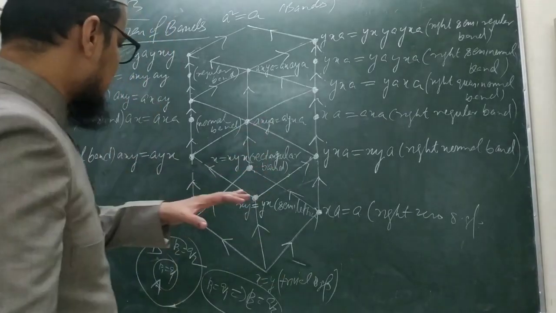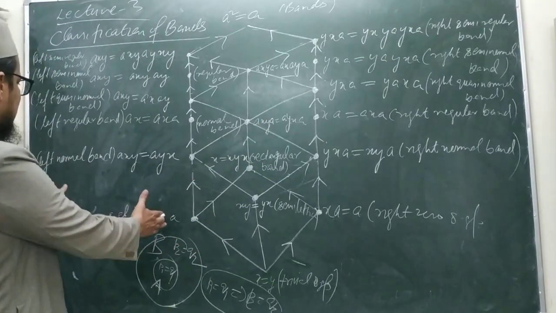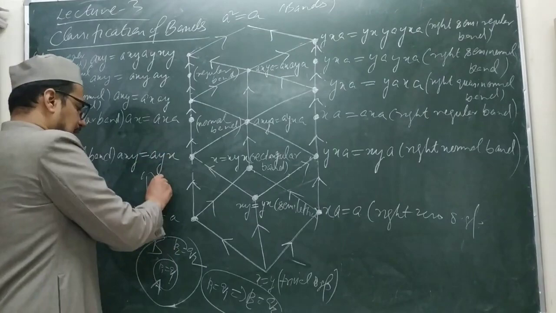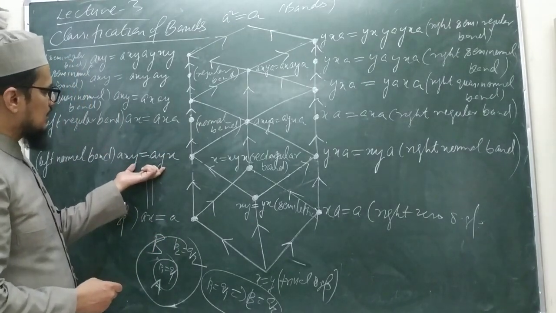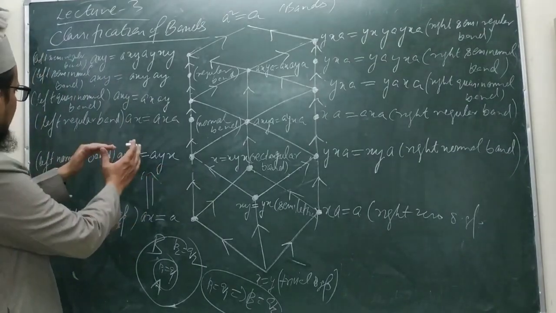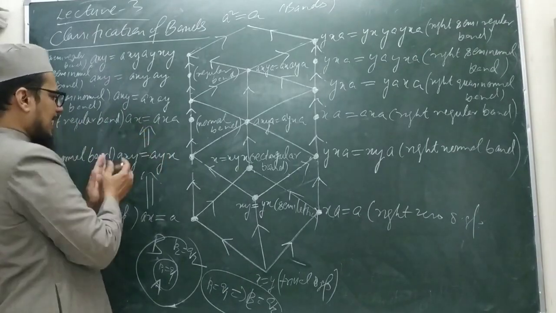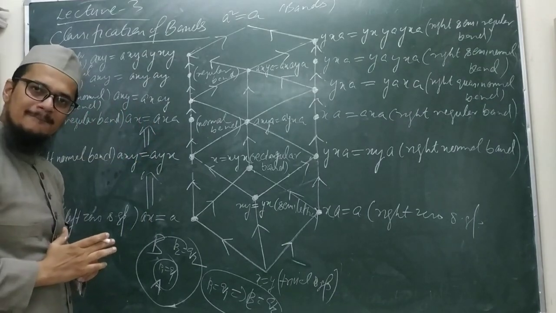So if you are saying that, for example, left zero semigroup is contained in left normal band, then we have to prove that the identity AX equal to A implies AXY equal to AYX. If you are saying that left normal band is contained in left regular band, it means that AXY equal to AYX implies AX is equal to AXA.